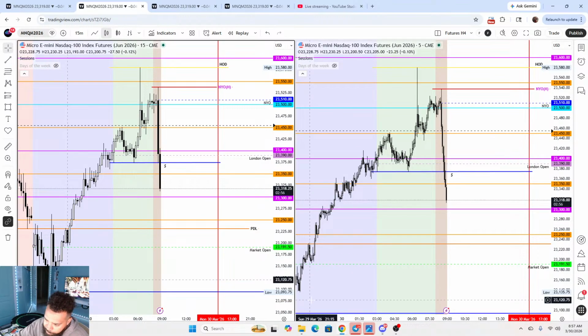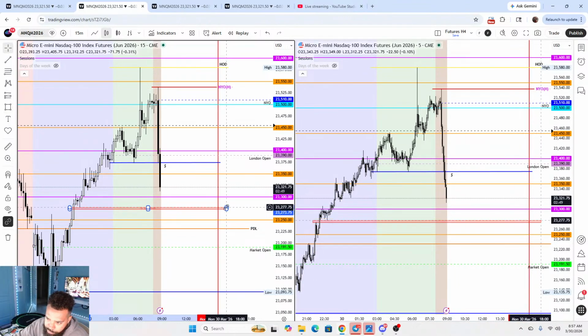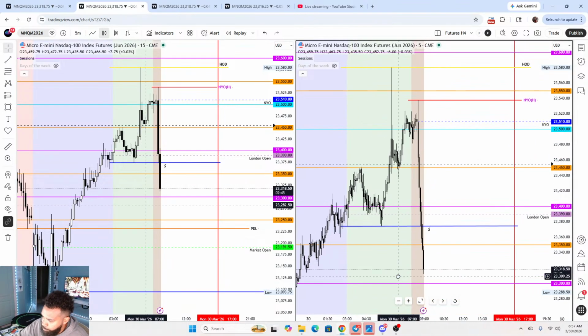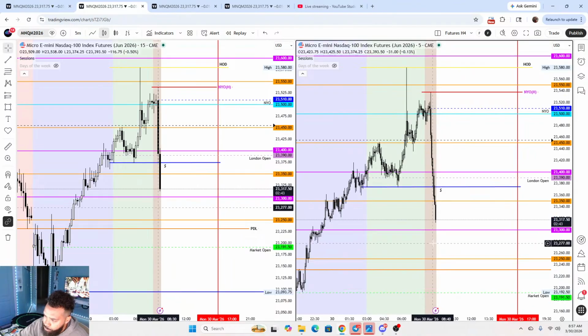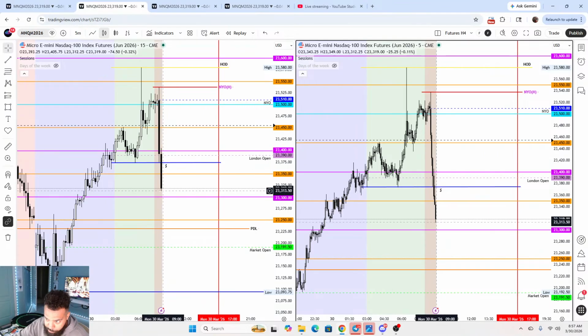So looking at this FEG here, okay, it's a small little area, but this could be an area where you start to see individuals start to take profit, if not earlier. So I'm going to be waiting for that 5-minute signal that we look for to potentially enter and see if shorts are going to cover.